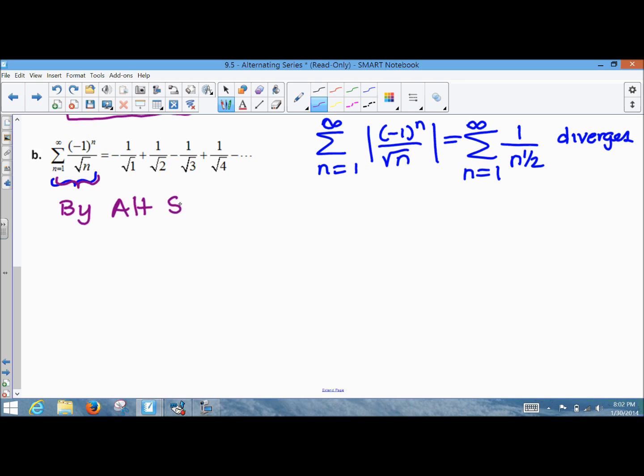So once again, the first step is to take the limit as n approaches infinity of the non-alternating component, 1 over radical n. You've actually just completed that task. Although you may not have taken the limit over here, it's a very quick process. We find out that we do indeed get 0. The denominator grows really big. So far, the alternating series test is looking good.